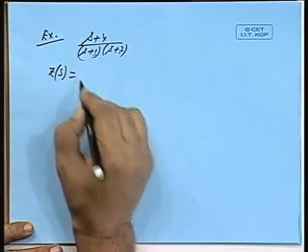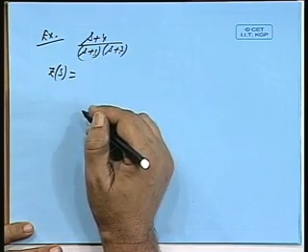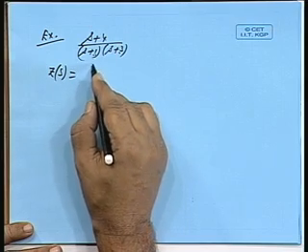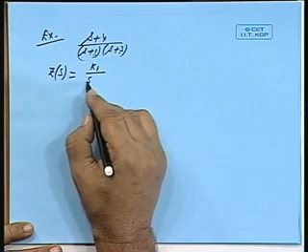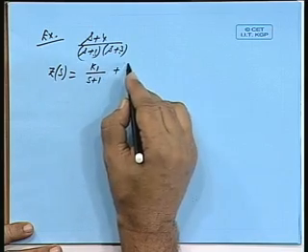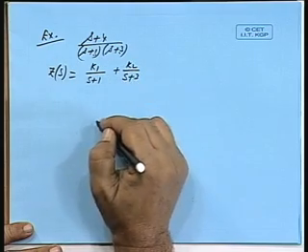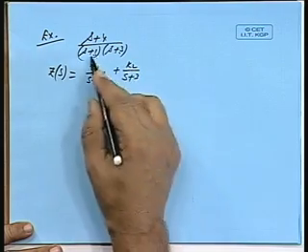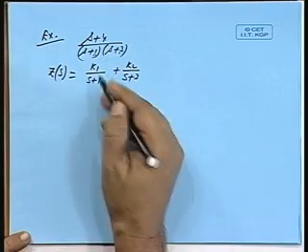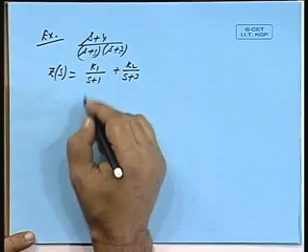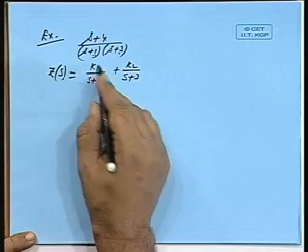So, I thought of trying to realize it. Z(s), suppose it is K1 by (s plus 1) plus K2 by (s plus 3). Obviously, one of them will be negative because poles and zeros are not coming alternately. Let us see. How much is K1?